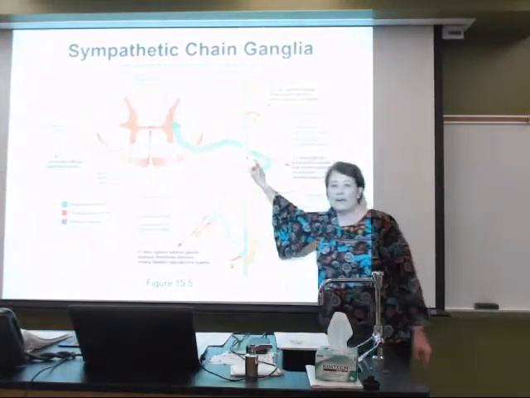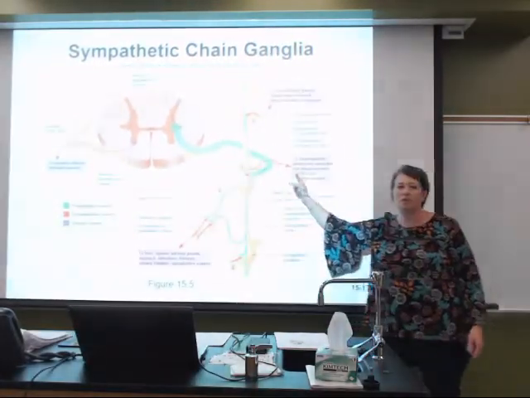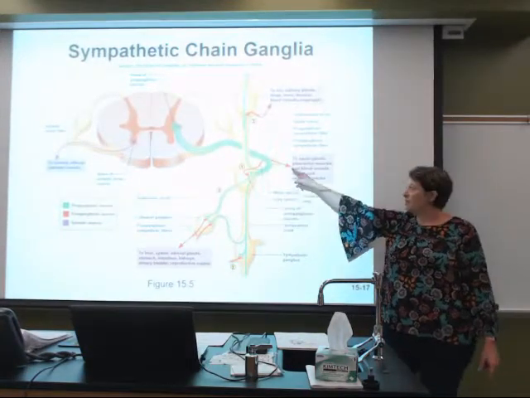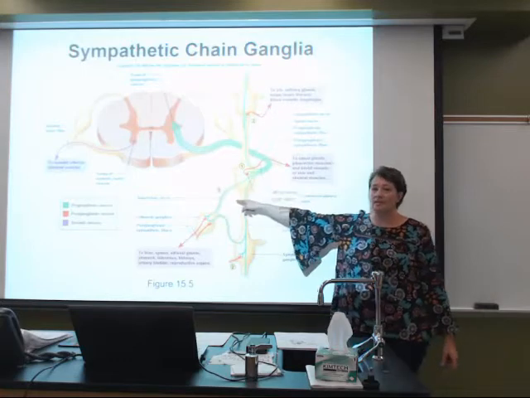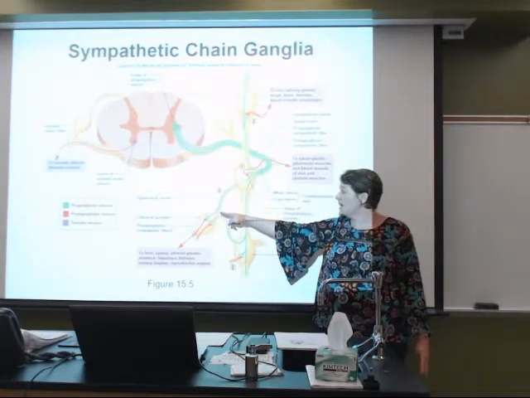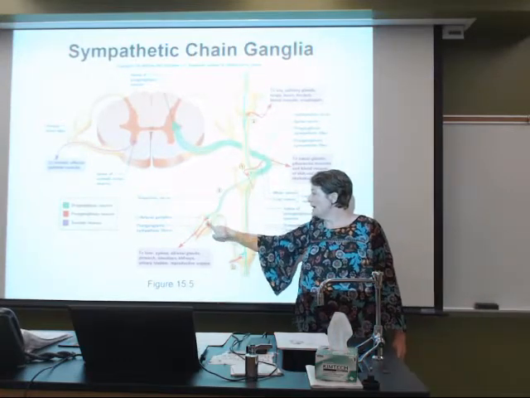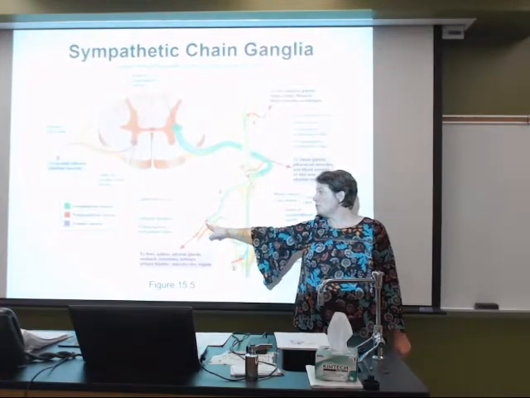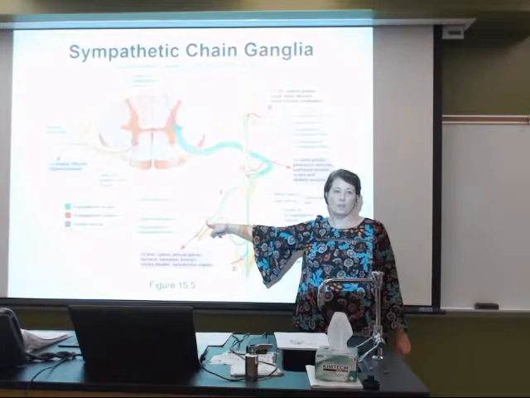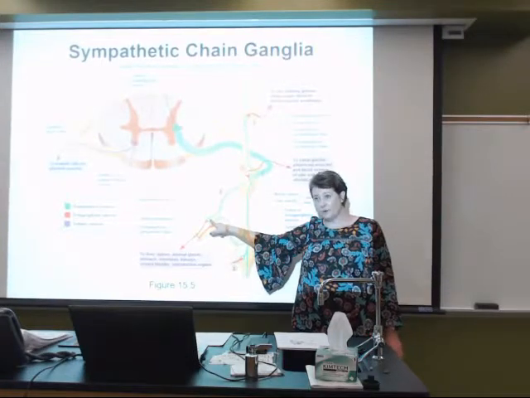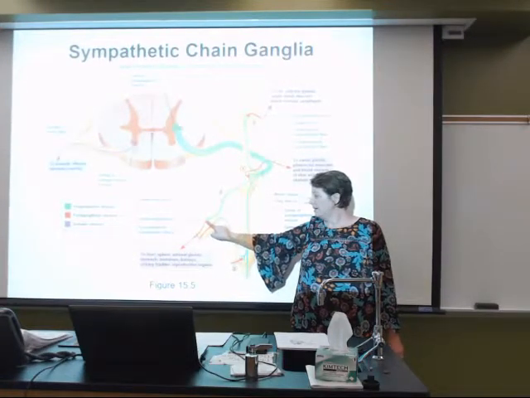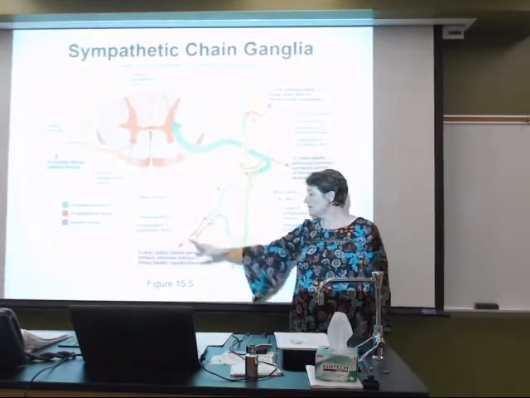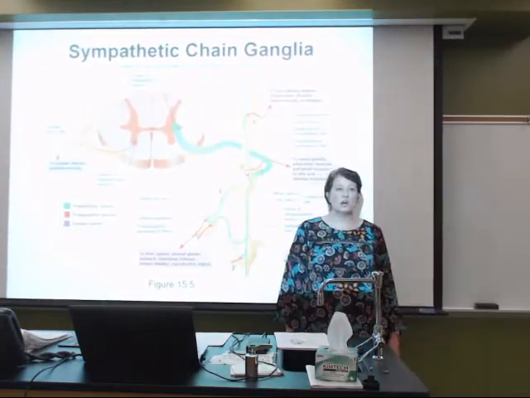That entire fiber that we just traced is pretty long. That pre-fiber is a good long fiber and made its way all the way to this collateral ganglion before it synapses. So the pre-fiber makes its way, it synapses, and the post goes on to its target organ.